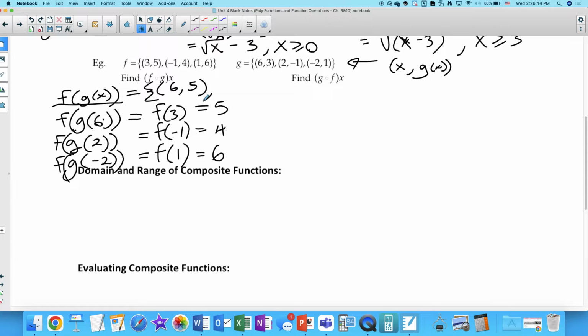The second point had an original x value of 2 and an output value of 4. Finally, the last one has an x value of -2 and a y value of 6. Those are the 3 points that define this new composite function, f of g of x.